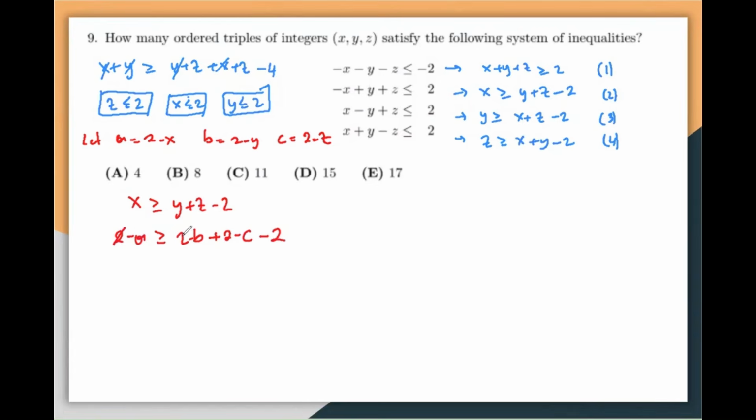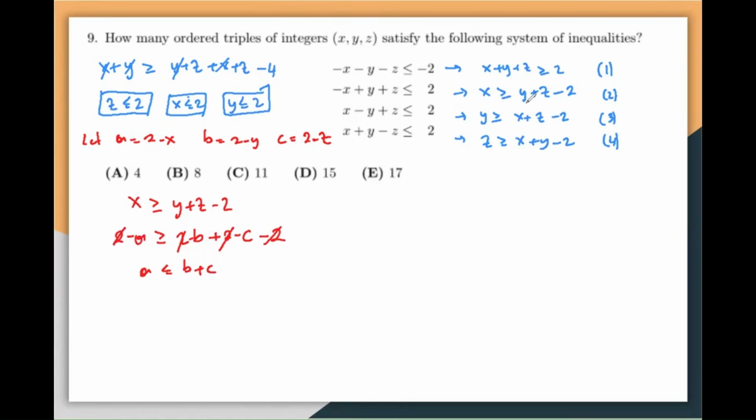Then the 2s will cancel, so you get negative a is larger than or equal to negative b minus c. If you multiply everything by negative, you get a is smaller than or equal to b plus c. And again, this is not really special, because 2, 3, and 4 are symmetric.